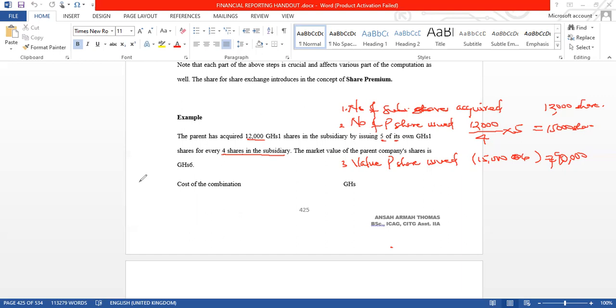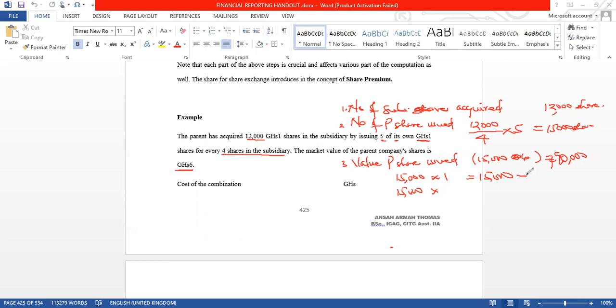But hold on. I told you that it brings in something we call what? Share premium. Actually, the value of the P share is 1 cedi. So the 15,000 shares multiplied by 1 cedi is 15,000. The value is now 6, but before then, the value was 1 Ghana cedi.